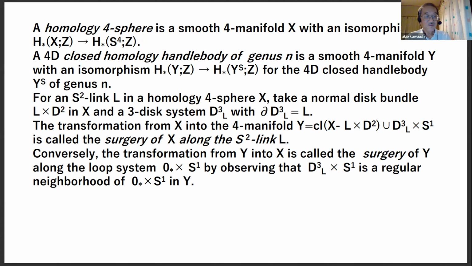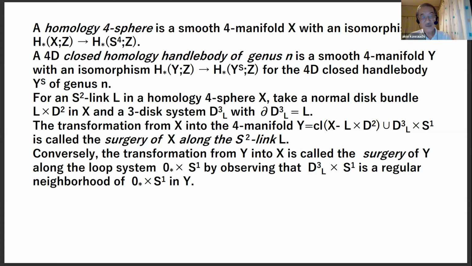For an S2 link L in a homology 4-sphere X, take a normal disk bundle L cross D2 in X and a 3-disk system D3L with boundary L. The transformation of X into the 4-manifold Y, a union of the closure of X minus L cross D2 and D3L cross S1, is called the surgery of X along the S2 link L.